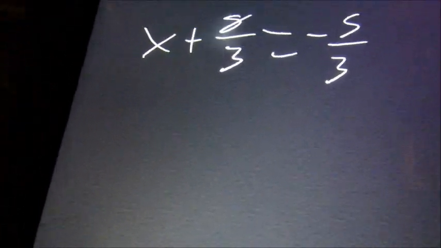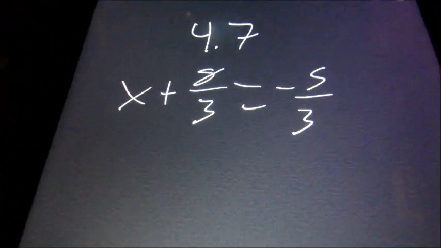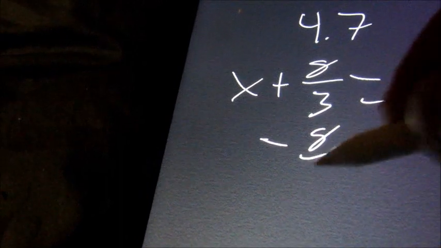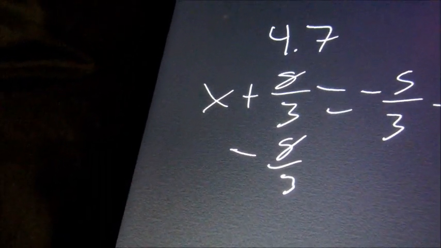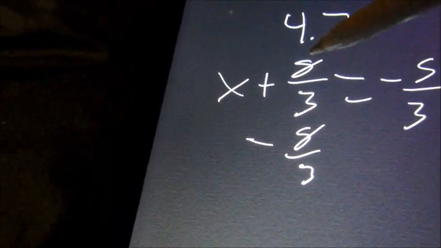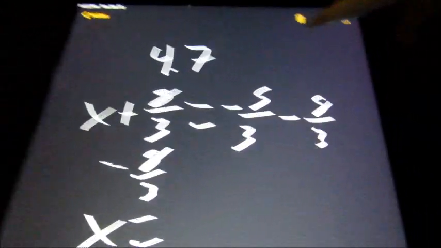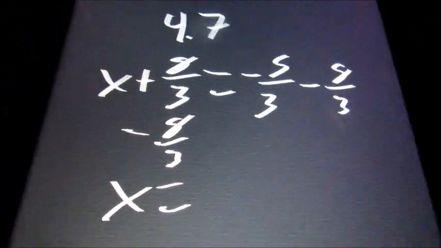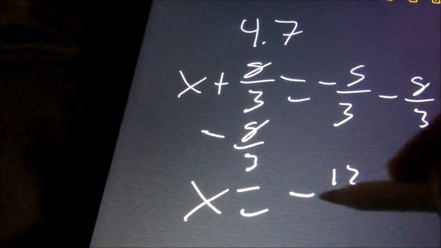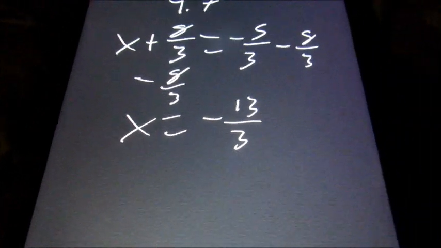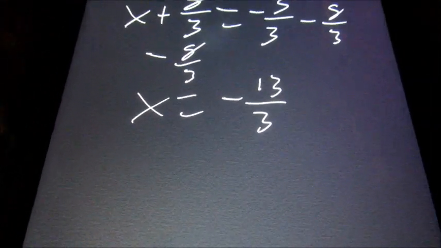So it's going to be just like what we did before, where this is a plus sign, so I'm going to subtract 8 over 3 from both sides. So now 8 over 3 minus 8 over 3 is 0, so I'm just left with x equals, and I have negative 5 minus 8, or negative 13 over 3. And here, we can just leave it as an improper fraction.